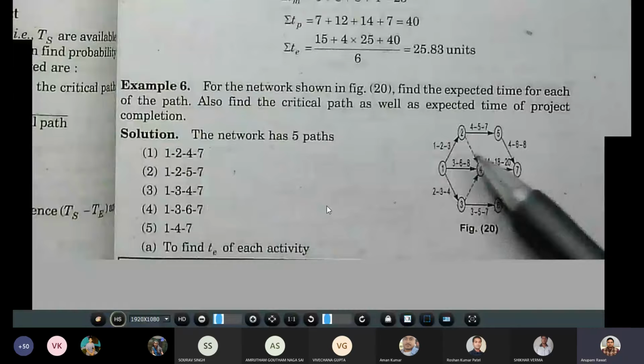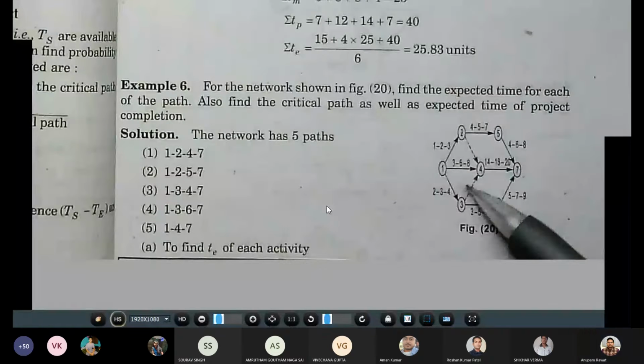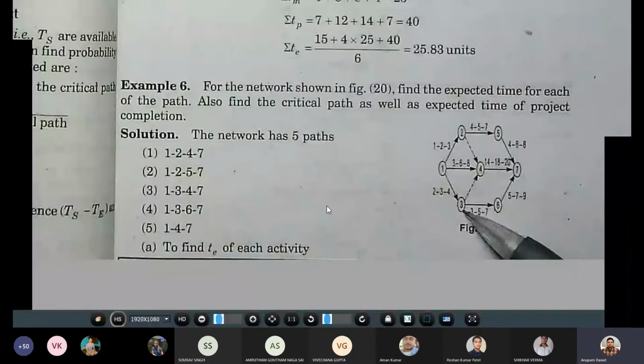Second is 1, 2, 5, 7. Third is 1, 3, 4, 7. Fourth is 1, 3, 6, 7. And 1, 4, 7. These are the paths, and we have to calculate the TE of each activity.